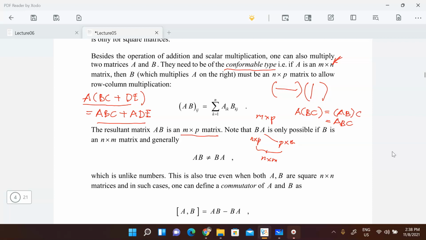The point I want to make is to show that multiplication, even when you define it in this particular way, is not commutative.